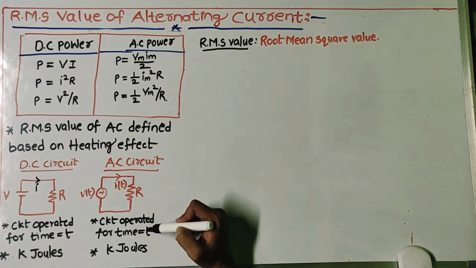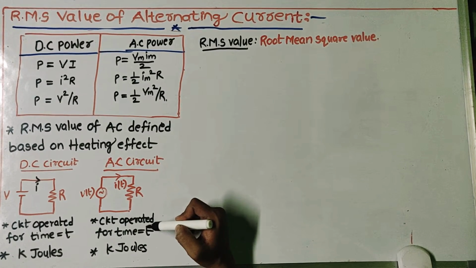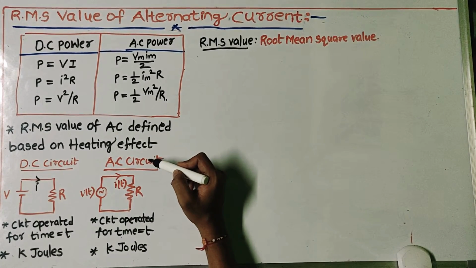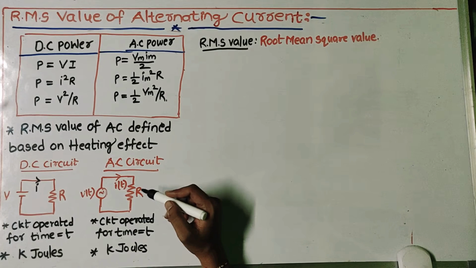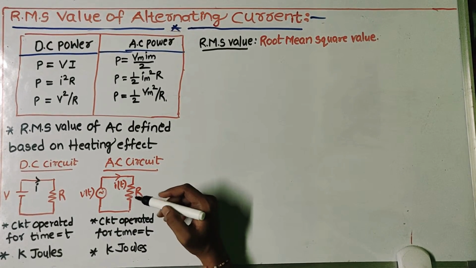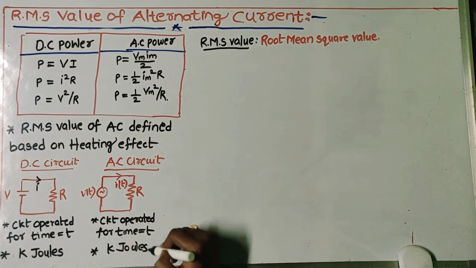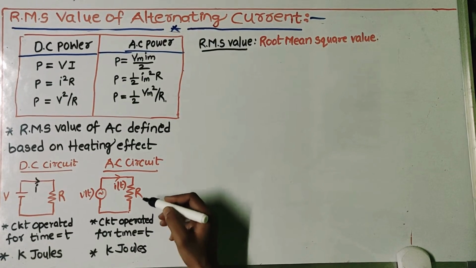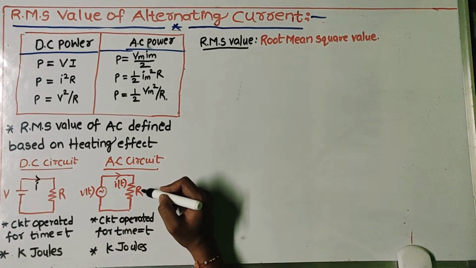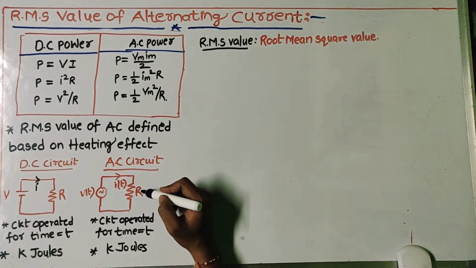So how do we define the RMS value of alternating current here? I told you that the RMS value of alternating current depends upon the heating effect. So I can define it like this: the amount of AC current required to produce the same amount of heat energy as in the DC circuit, in the same time and with the same resistance, is known as the RMS value of alternating current.